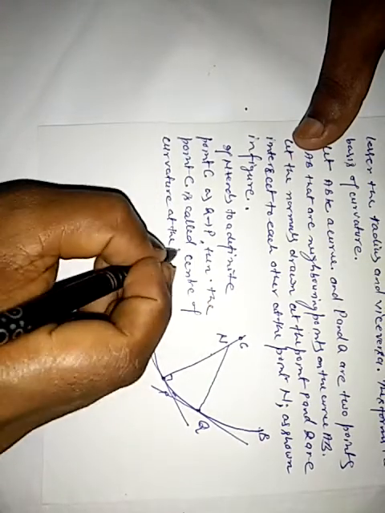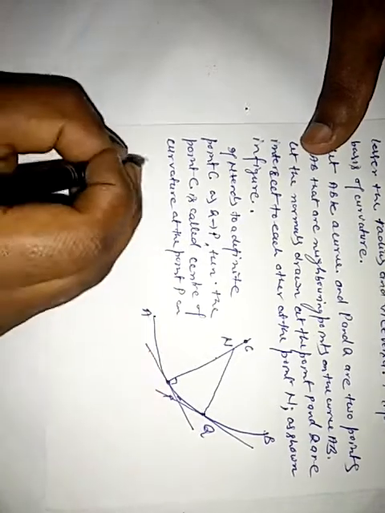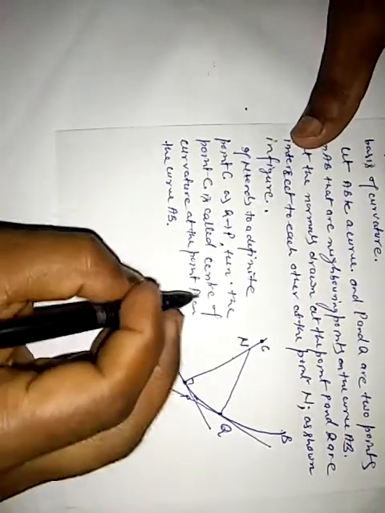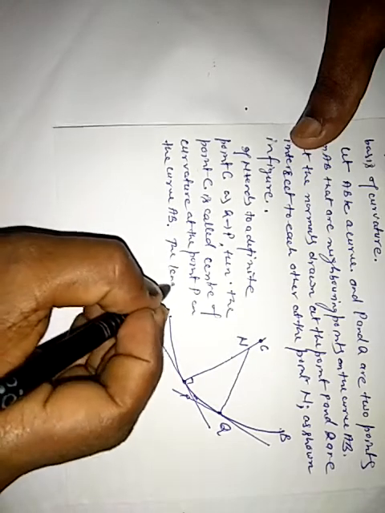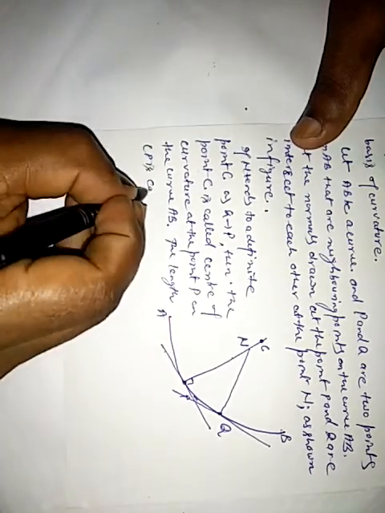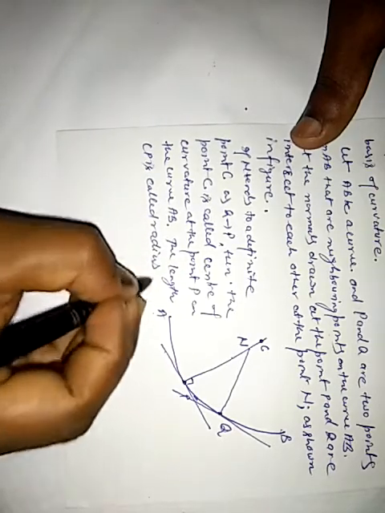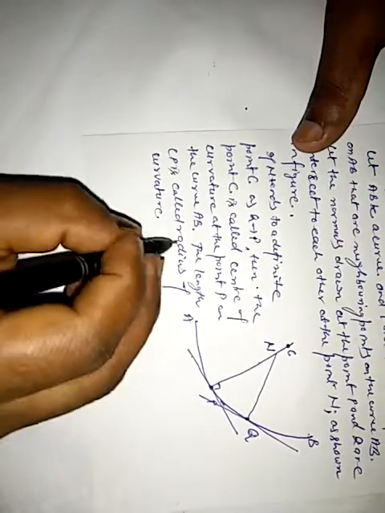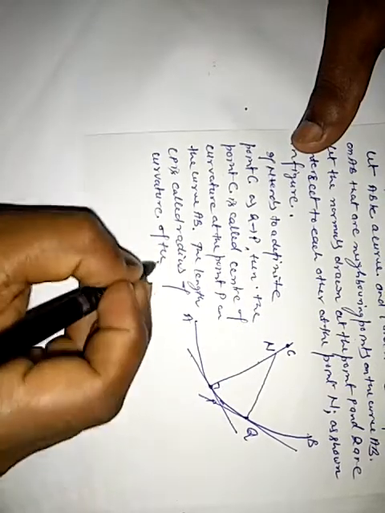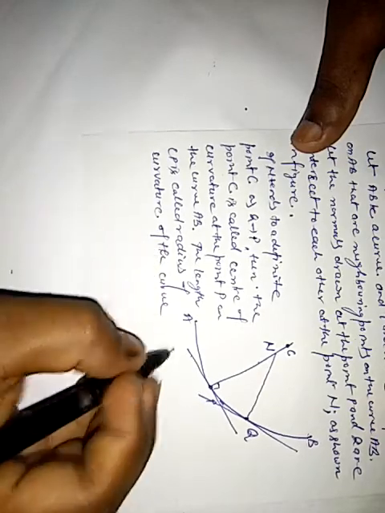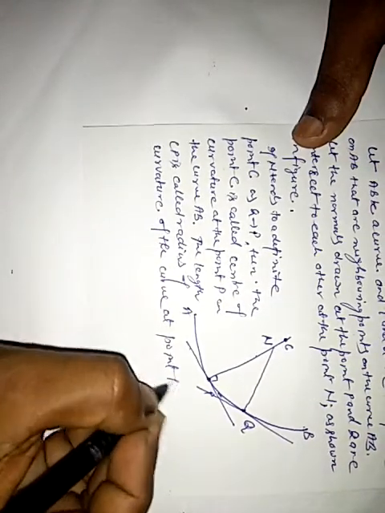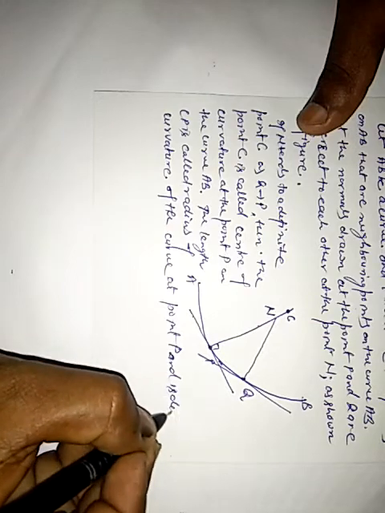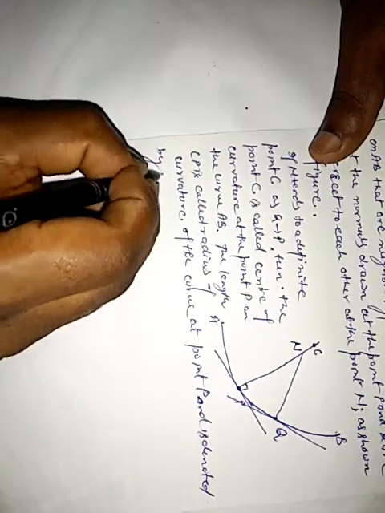At the point P on the curve AB, the length CP is called the radius of curvature of the curve at point P, and is denoted by the Greek letter rho.